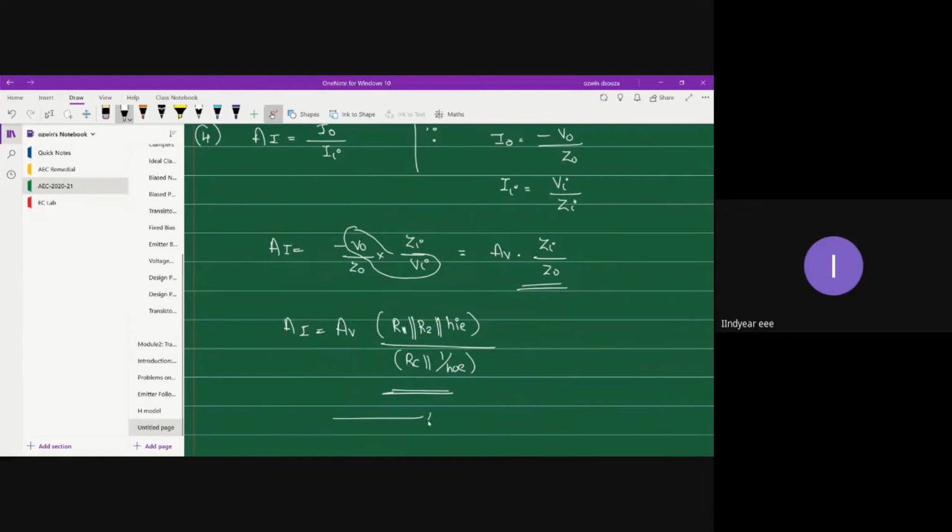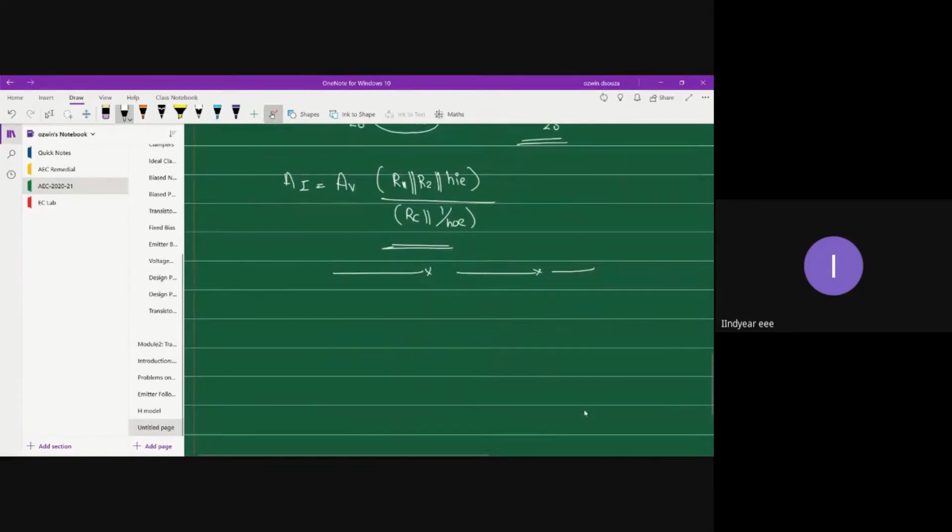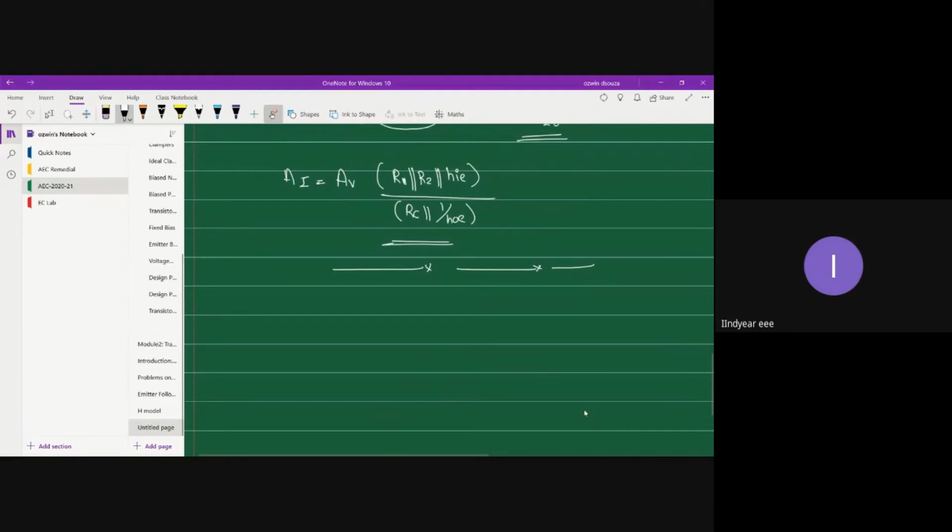So that's your current gain. This is how we calculate the performance parameters of any AC amplifier using H model analysis.